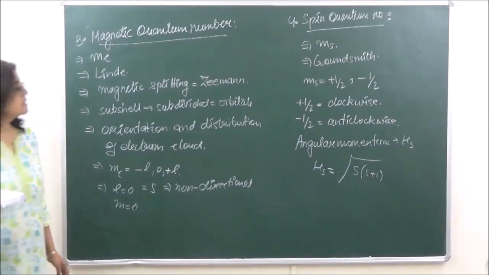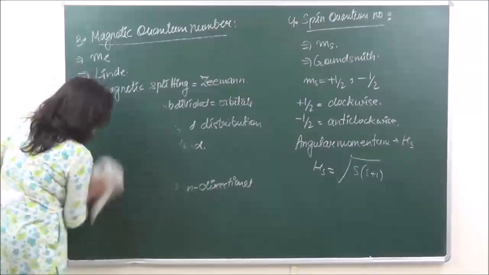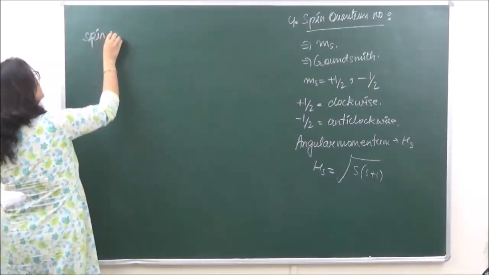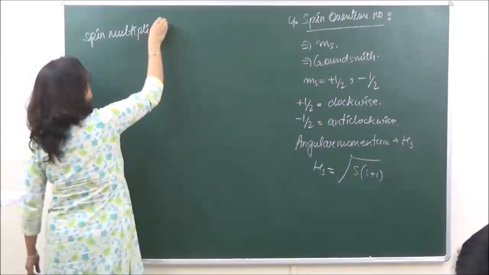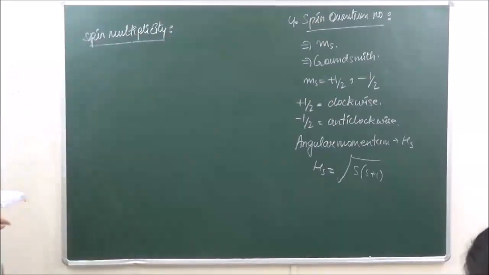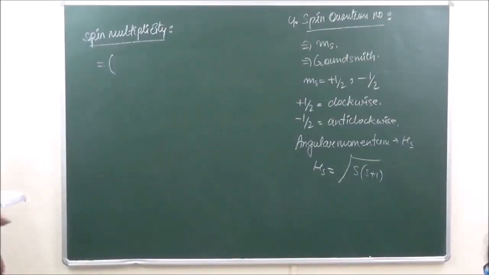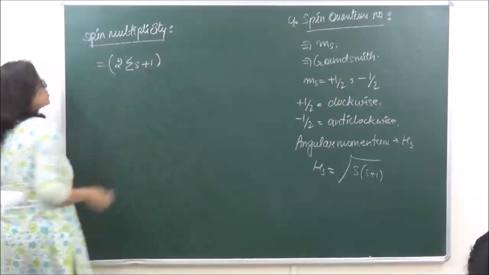Now there is another very important thing which you can calculate, known as the spin multiplicity. The spin multiplicity is calculated by 2 into summation of spins, plus 1.